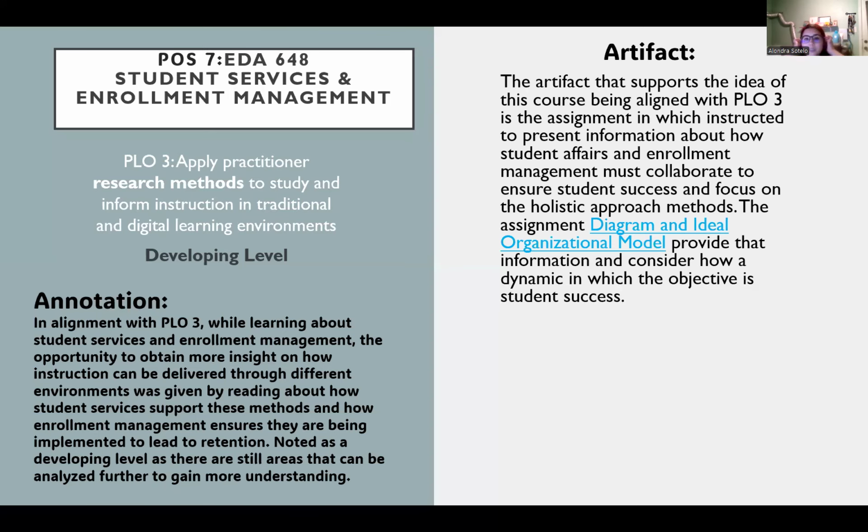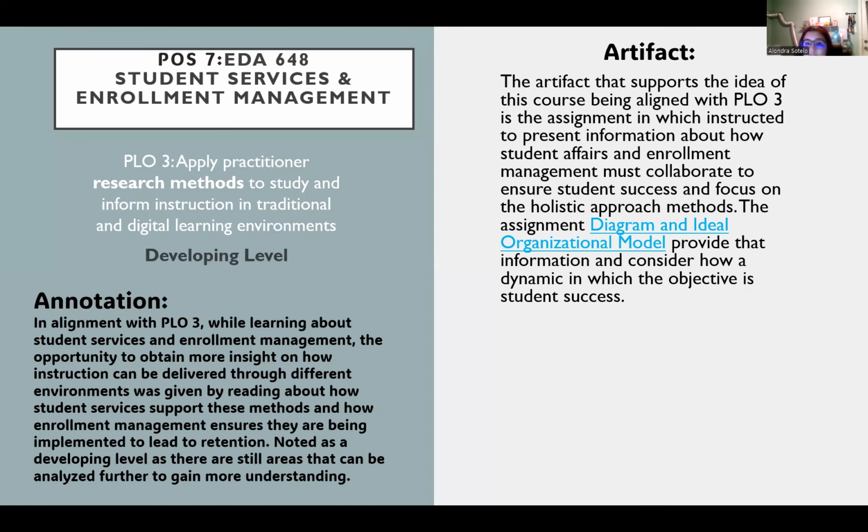So again, the artifact that supports the idea of this course being aligned with PLO3 is the assignment in which the instructions were to present information about how student affairs and enrollment management must collaborate to ensure student success and focus on the holistic approach methods. This is the idea that they should be focusing on the whole student and not just one area. So the diagram and ideal organizational model provides that information and considers a dynamic in which the objective is student success.